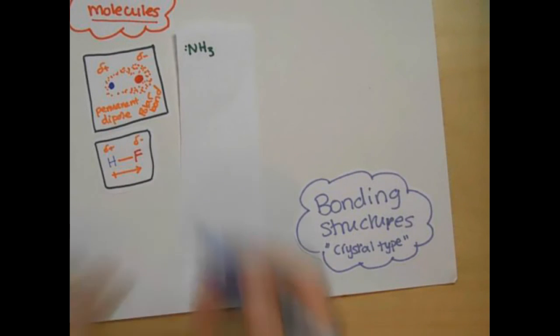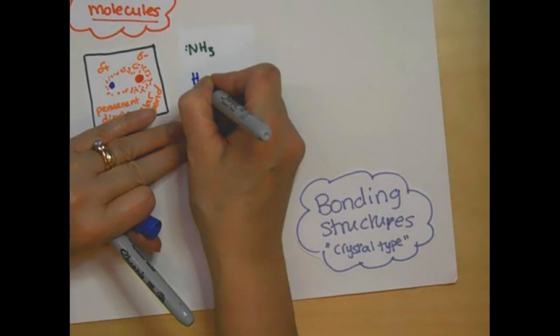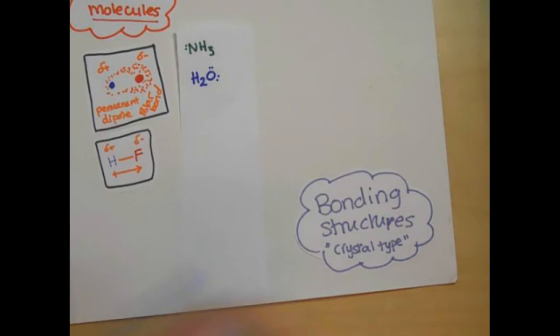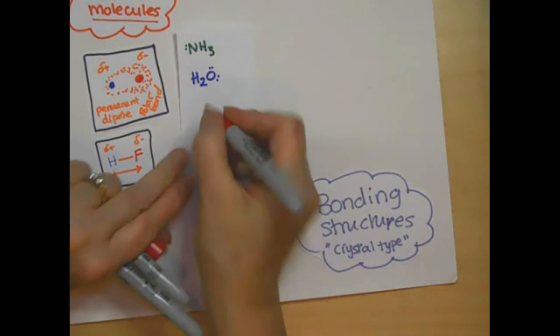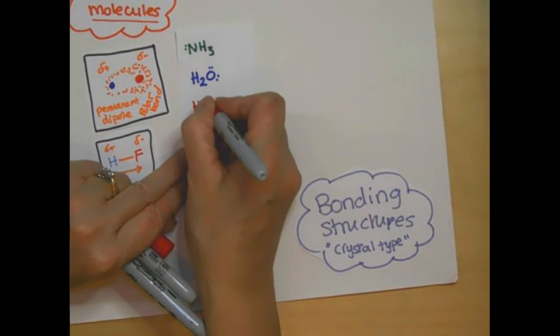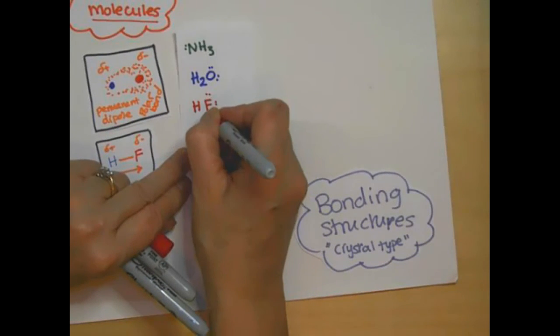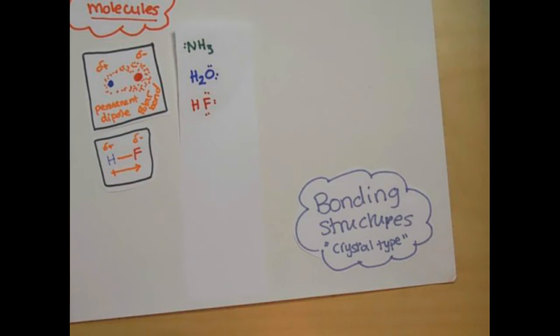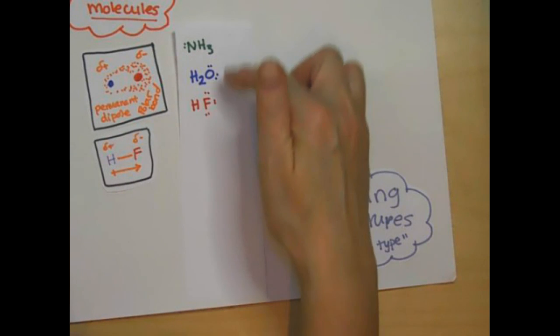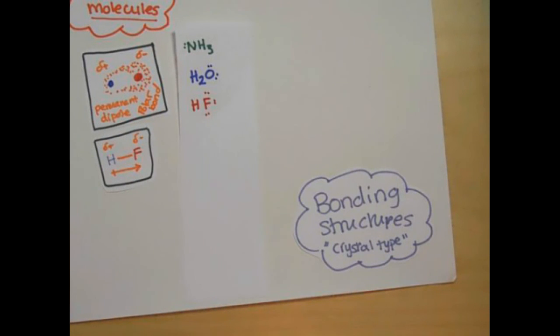We've got water, H2O, and we've got two pairs of electrons there. And then the final one is HF, and with HF, we've got 3 pairs of electrons. Now, of all the molecules that we have, these show a particularly strong attraction between molecules. So with all of these, we have polar bonds, we've got permanent dipoles.